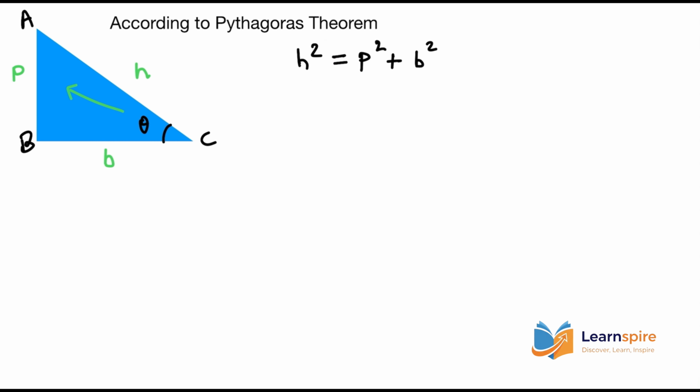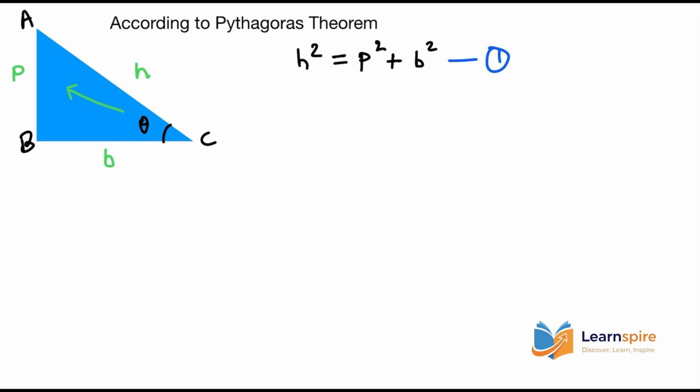So we'll be using this theorem to prove the identities. For now, let's consider this as equation number one. And as we all know, if we add or subtract or divide or multiply the same quantity on both sides of any equation, it does not change its value.